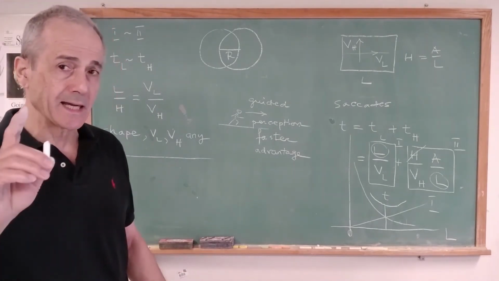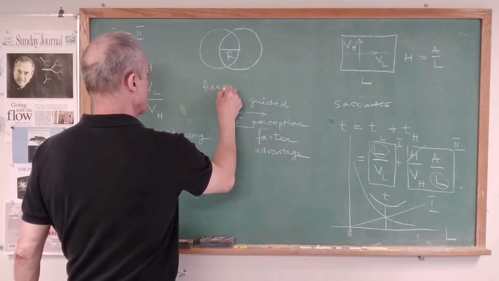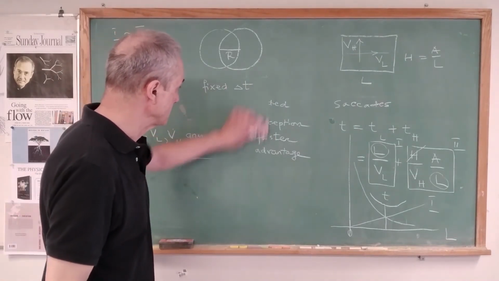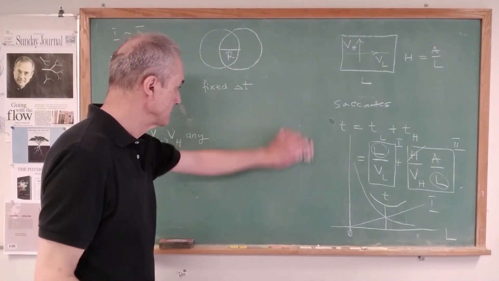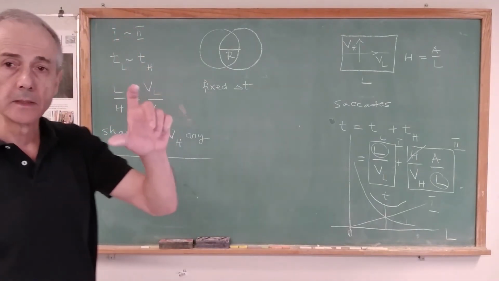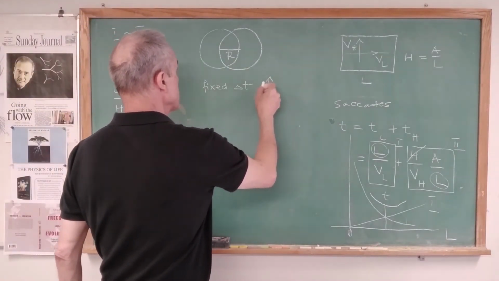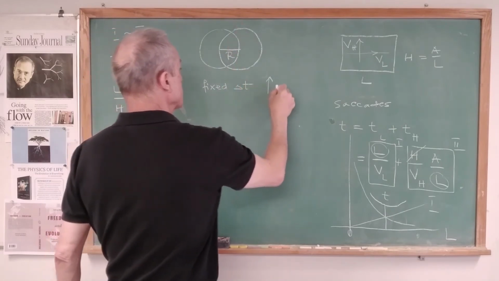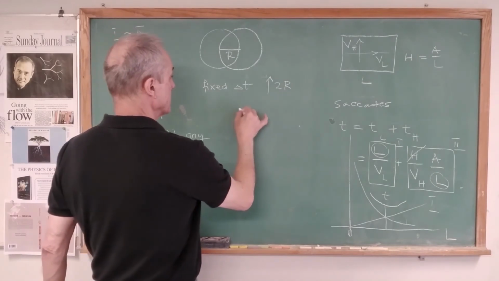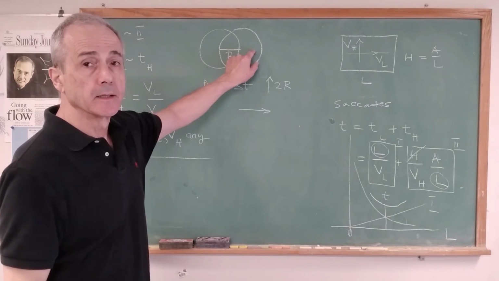Now, during 1 second, so fix the time interval. The length scale traveled vertically is the diameter, which is 2r. The length scale swept horizontally is 1, 2, 3, 3r.